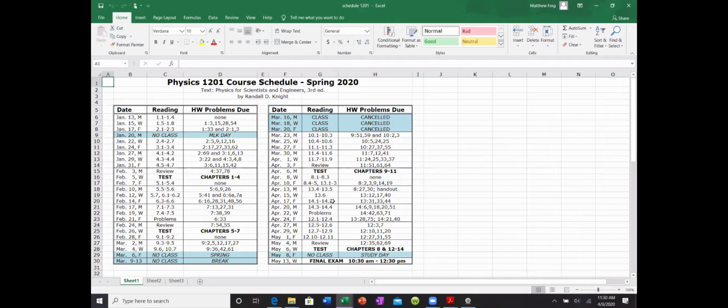Some oscillation and rotation is what we're going to be doing for most of the rest of the semester, from about this time next week on. Chapter 14 is oscillatory motion, and chapter 12 is rotational motion, and we're going to talk about things like torque and moment of inertia. So that's getting ahead of myself, but that's upcoming.